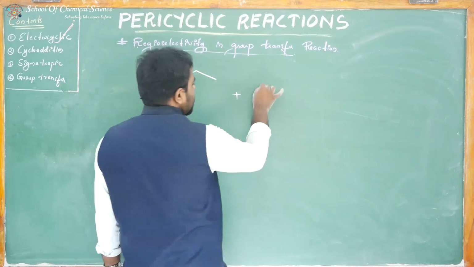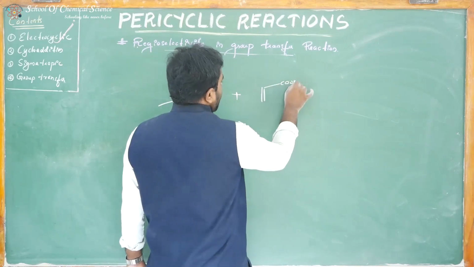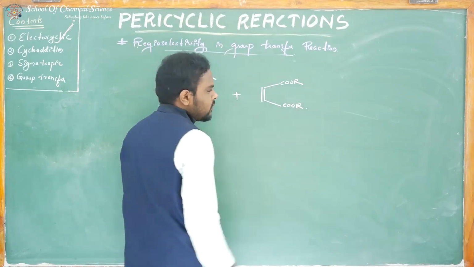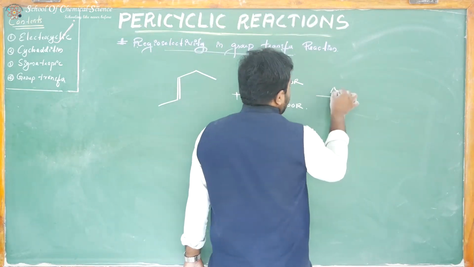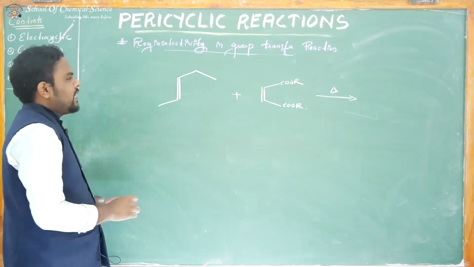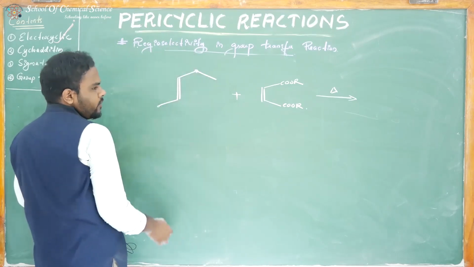Plus double bond COOR under thermal condition. The enophile is symmetrical, but here two allylic carbons are there. This is also an allylic carbon. This is also an allylic carbon.